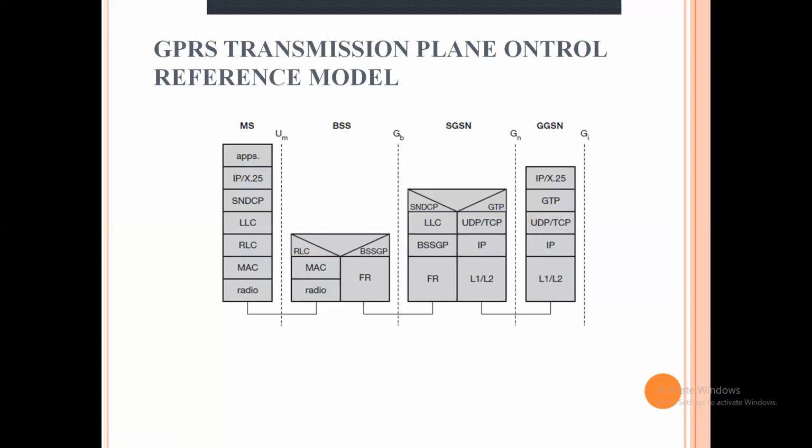To overcome that, we are moving to the new data service, that is GPRS, General Packet Radio Service. Yesterday I told you, it will work like a web request and web response.